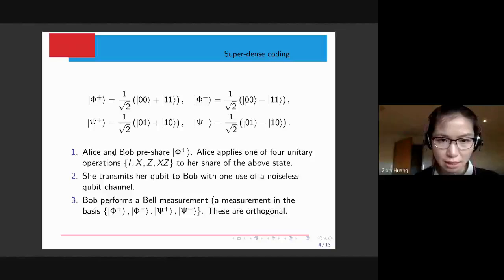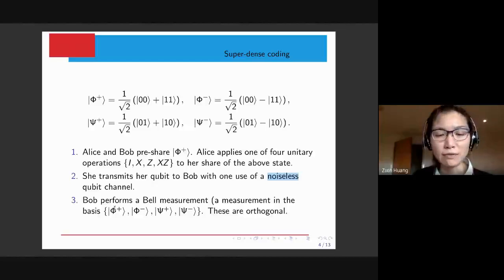Given that Alice and Bob share a quantum state phi plus, so the 0, 0 plus 1, 1, Alice wants to apply one of the 4 unitary operations, so the identity, the X, the Z, or the XZ to her share of the maximally entangled state. So now she transmits her qubit to Bob using a noiseless channel. So we're assuming everything's noiseless here.